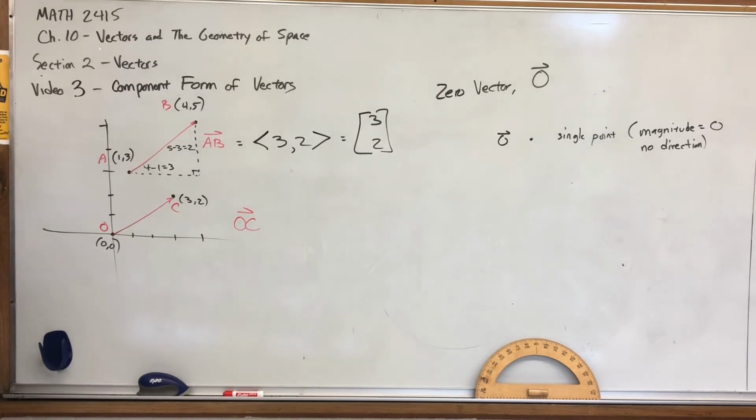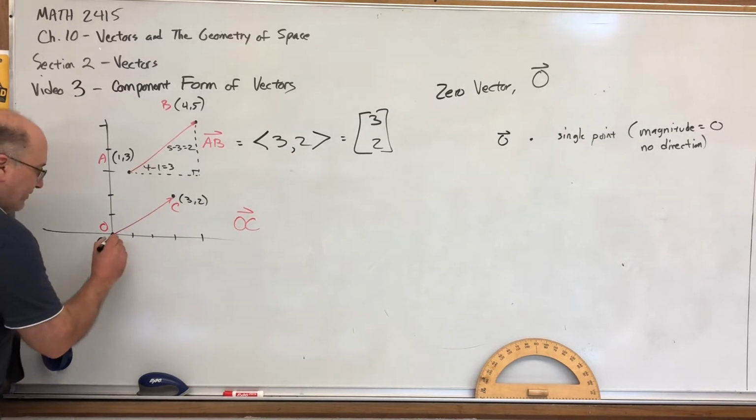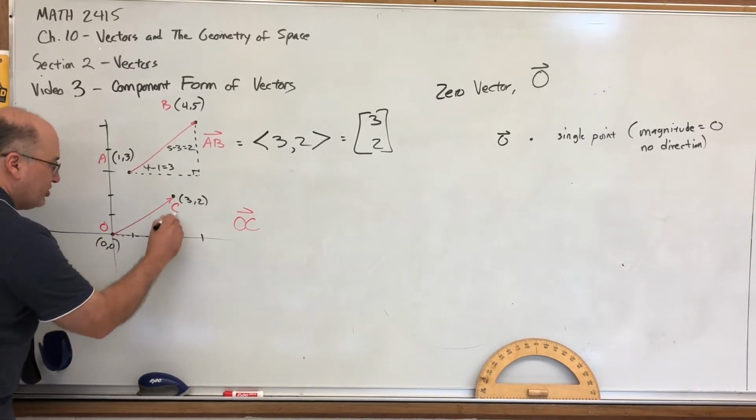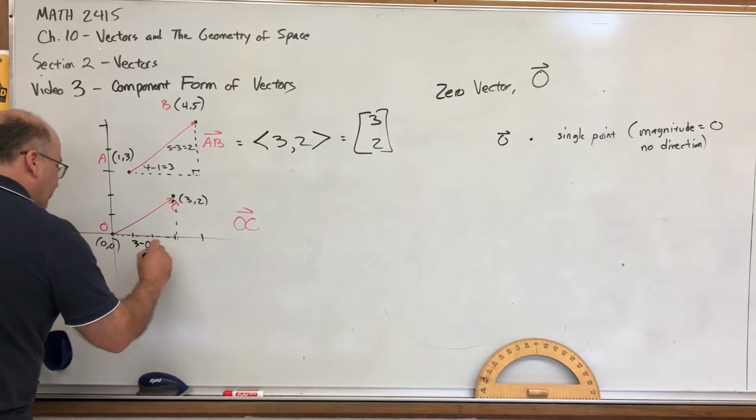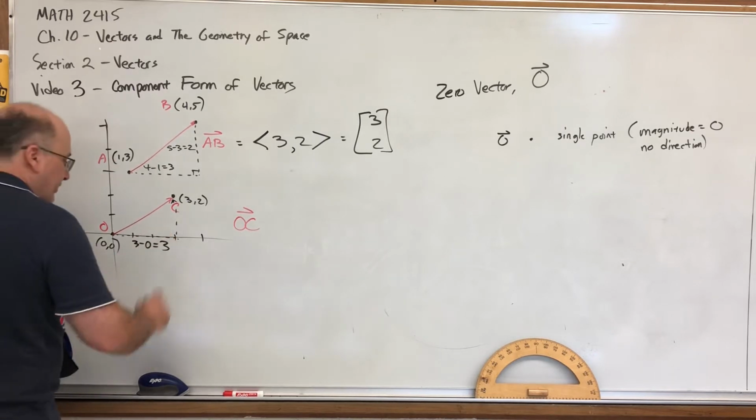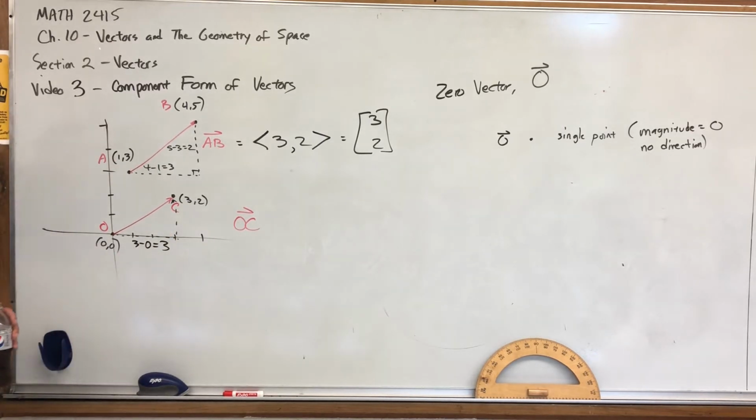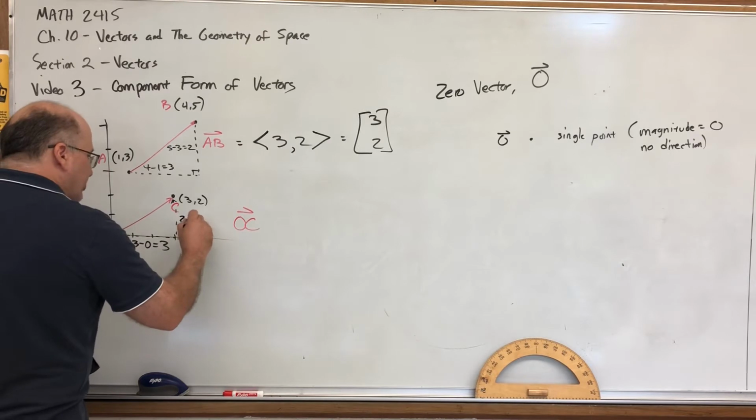Speaking of going over 3 and up 2, if we went to the second vector and calculated its run and its rise, you'd find out that it has the same run and rise as vector AB. 3 minus 0 is 3. 2 minus 0 is 2.